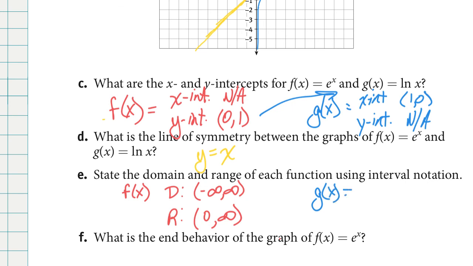G of x, its complete inverse. So since the range was 0 to infinity, the domain for the inverse of that is from 0 to infinity. And since the domain was all real numbers for the first, the inverse range will be the exact same thing.